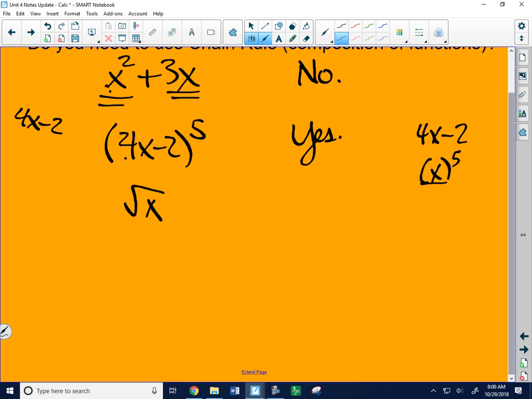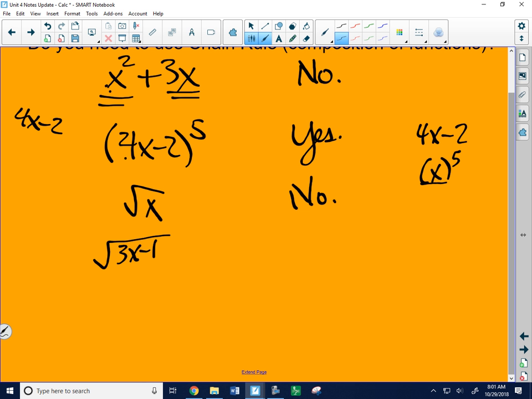So square root of x? No. Thumbs up or thumbs down? Is there a composition? No, there's not. How about this one? Square root of 3x minus 1. Thumbs up, thumbs down.